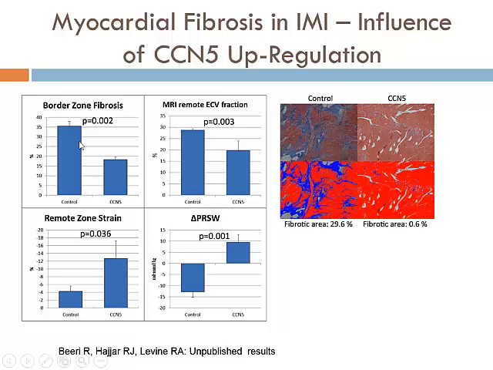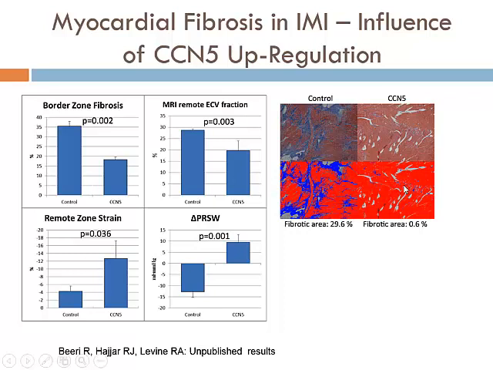And what you can see here is that in those animals that were delivered CCN5, the border zone fibrosis was reduced significantly. The remote zone extracellular volume fraction was reduced significantly, and the contractility as measured by conductance catheter was significantly improved.